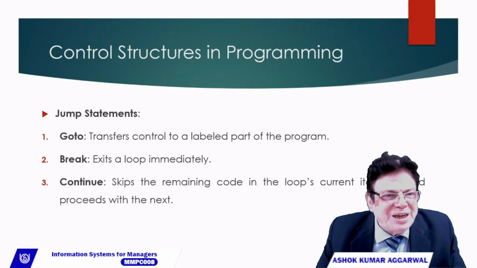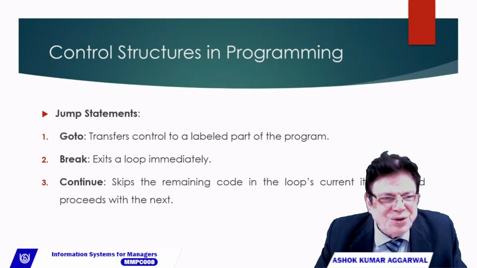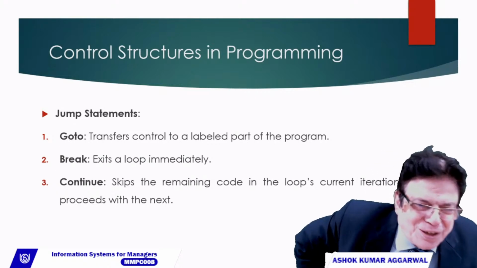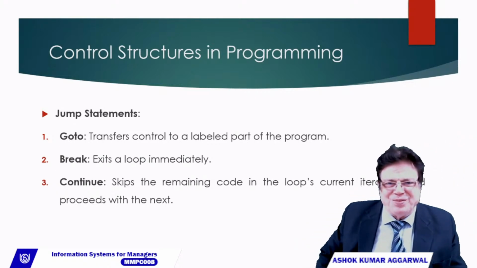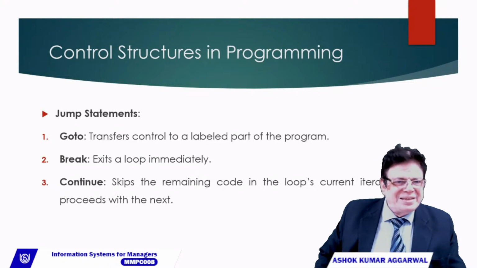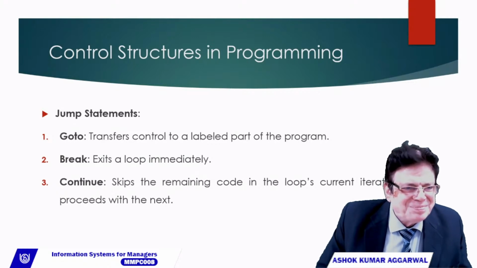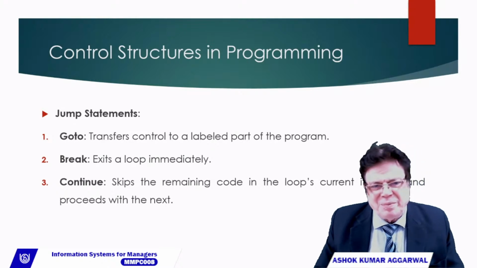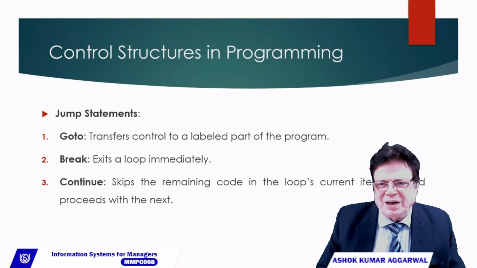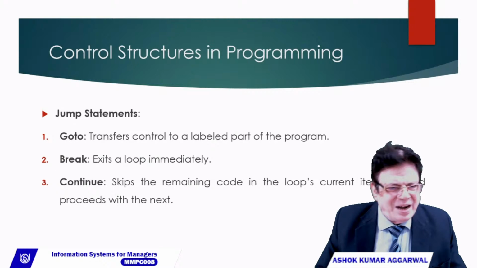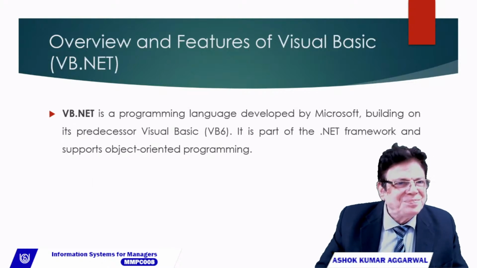Next is jump statements: go to, break, continue. Go to transfers control to a labeled part of the program. Break exits a loop immediately. Continue skips the remaining code in the loop's current iteration and proceeds with the next.